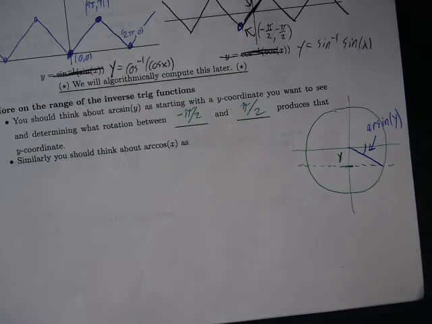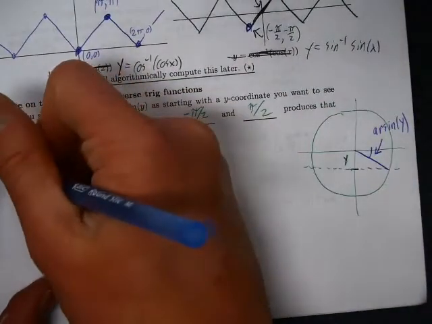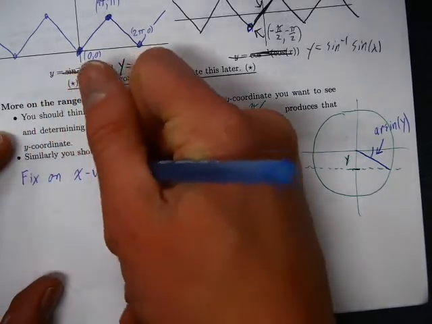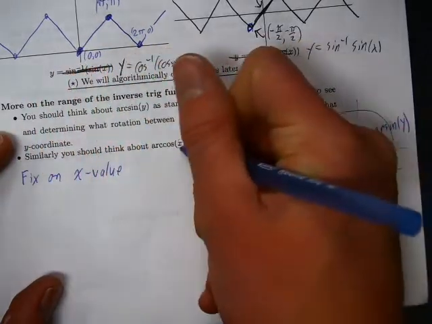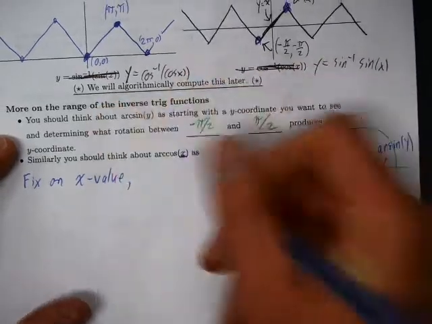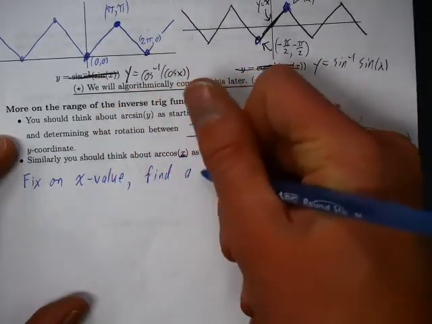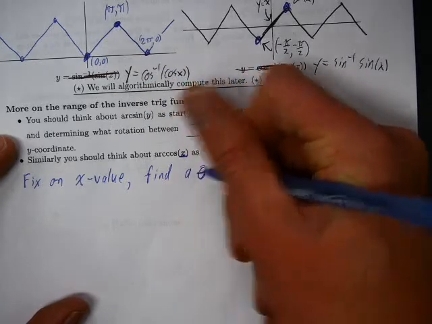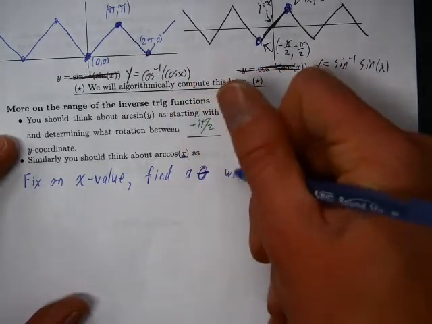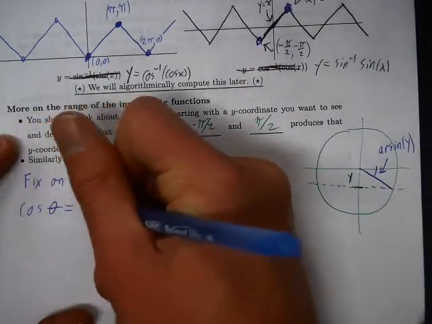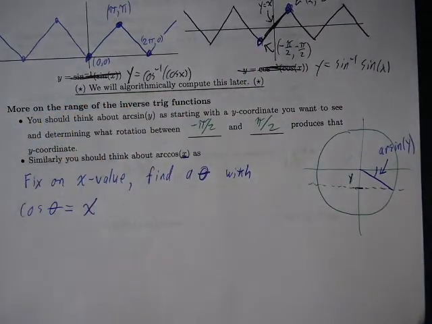We can do something similar to understand what inverse cosine means. To compute inverse cosine, what are you doing? You're fixing an x value, namely that x value. And then you want to find a theta value, an angle theta, with cosine theta equal to that x value.